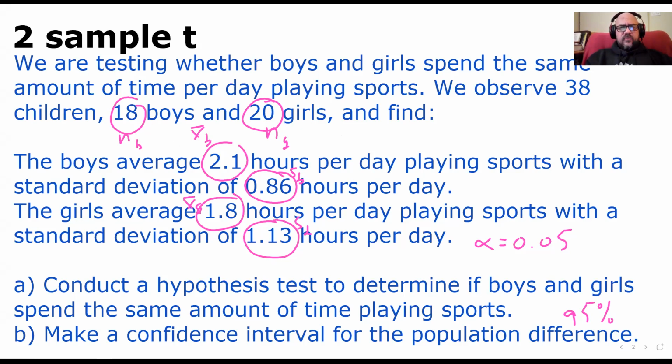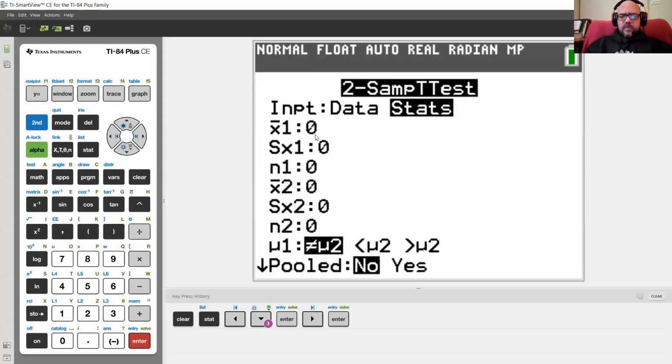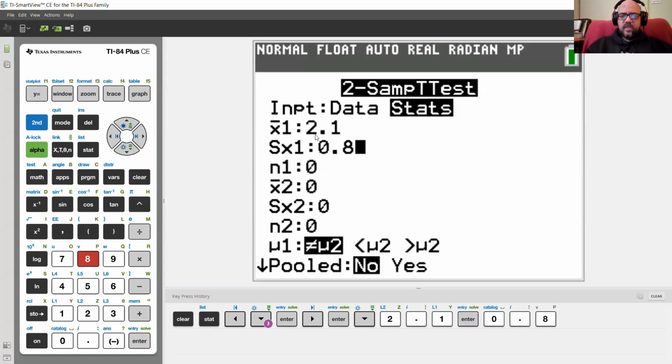N1 is 18, X bar 1 is 2.1, and S1 is 0.86. So let's go with the calculator. X bar 1 is 2.1. SX1 is 0.86 and N1 was 18.